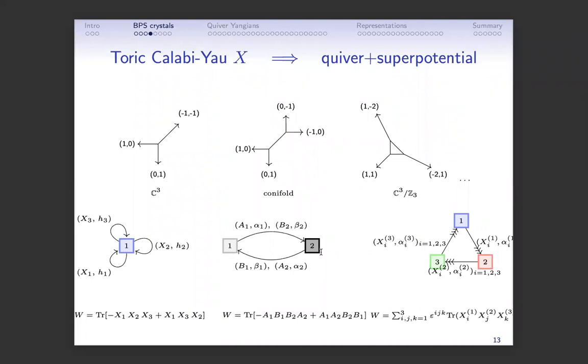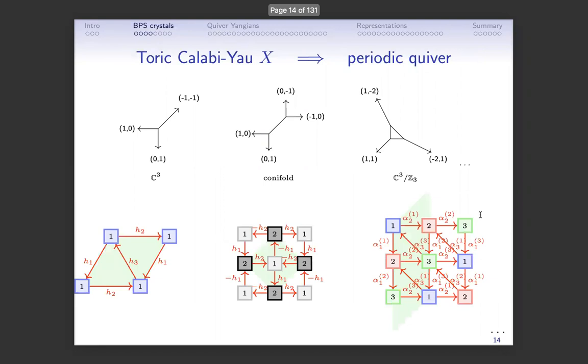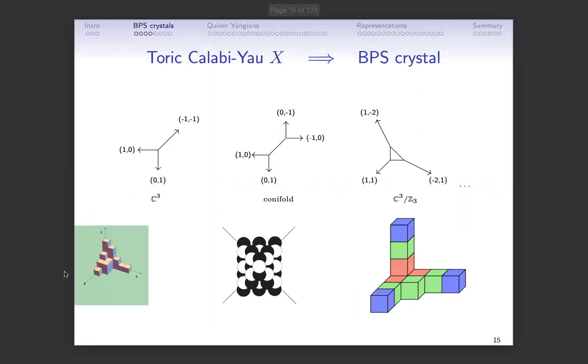This one has 2 colors, and this one has 3 colors. This is the corresponding periodic quiver, and this is some colored crystal configuration. Yeah, so if there are questions, please just stop me and ask.